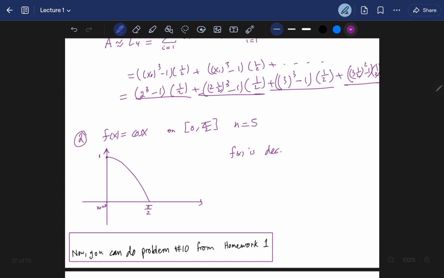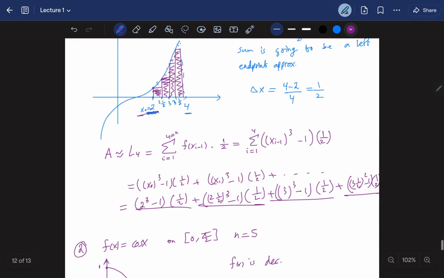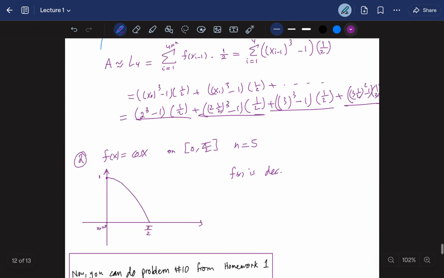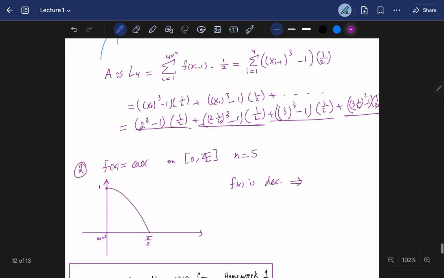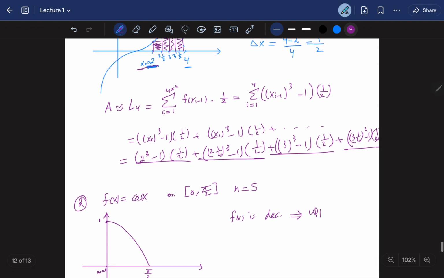So since my function is decreasing and I want to find an upper sum, which means I want to find the maximum, and the maximum is always to the left of the points, then the upper sum is also here a left endpoint approximation.